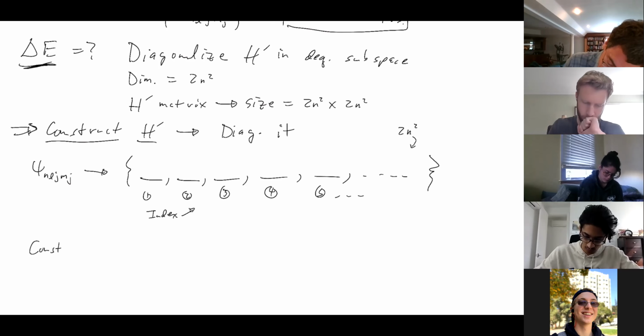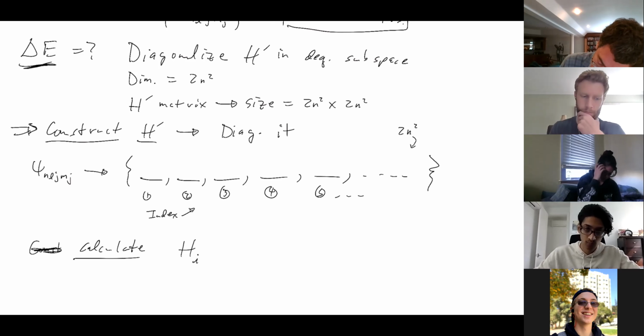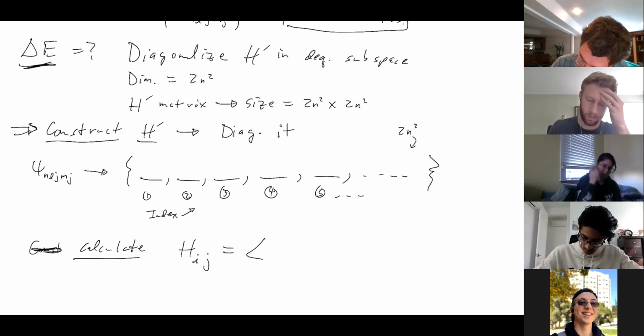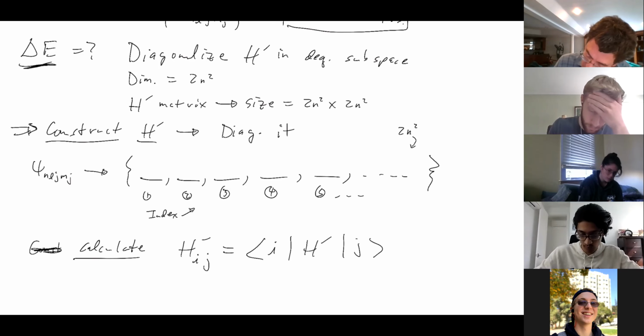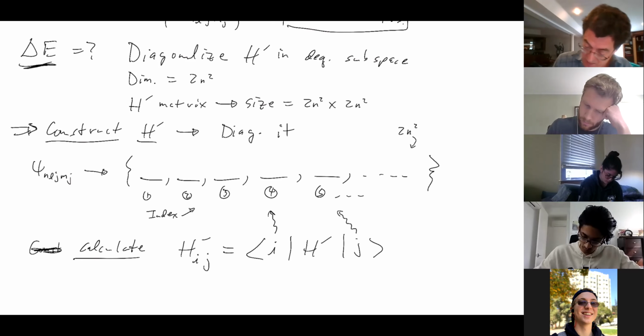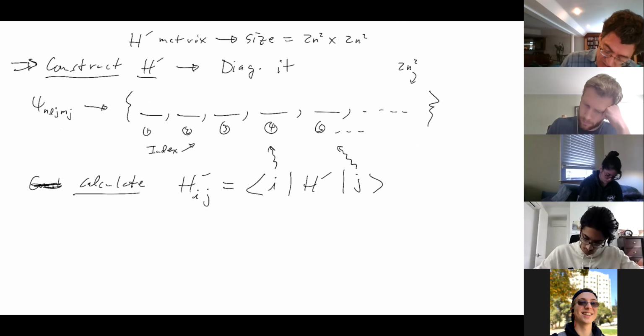You calculate all the various matrix elements: H_ij is equal to state i on the left, H prime, and state j on the right, where i and j span that index.